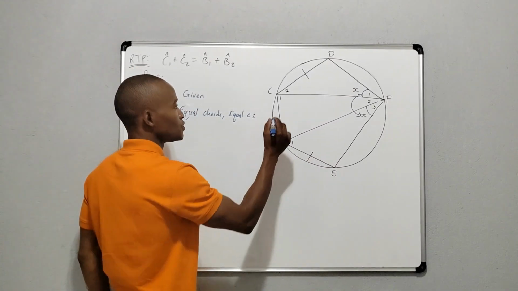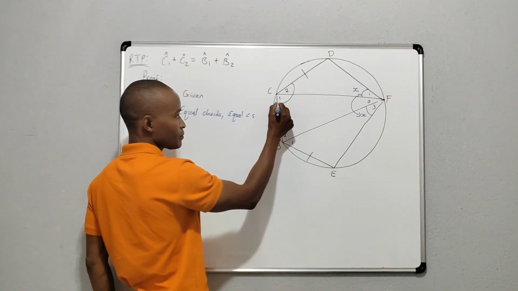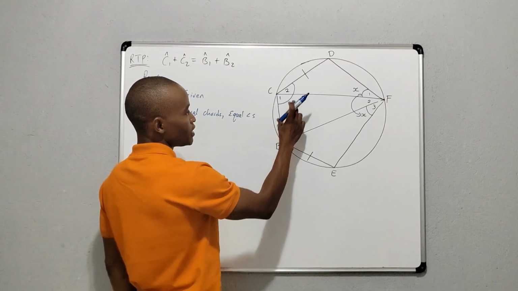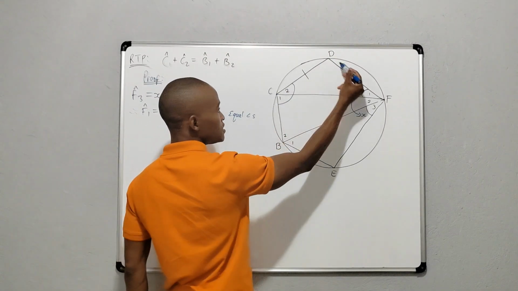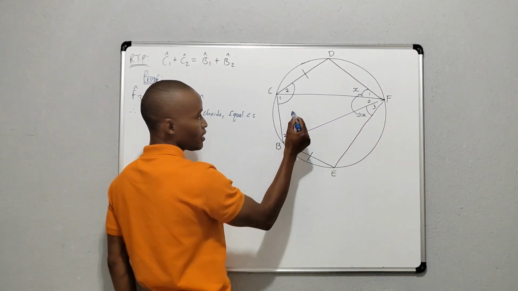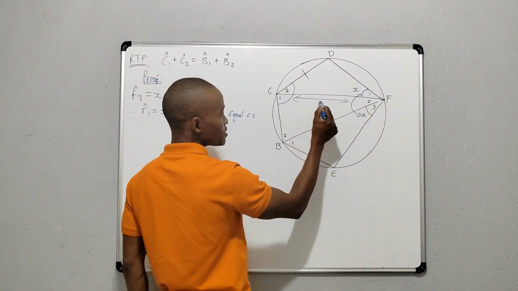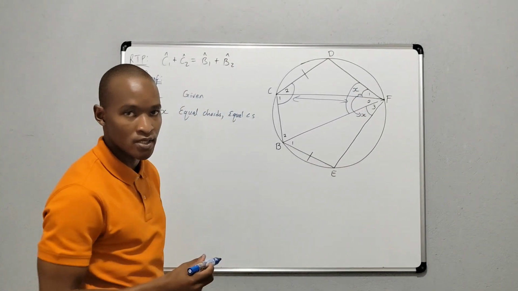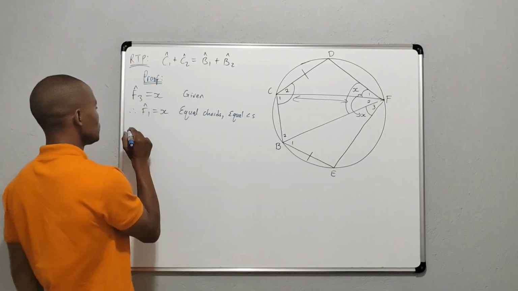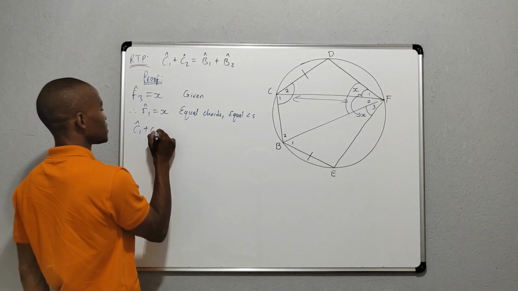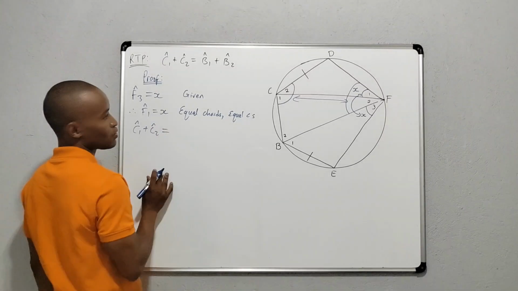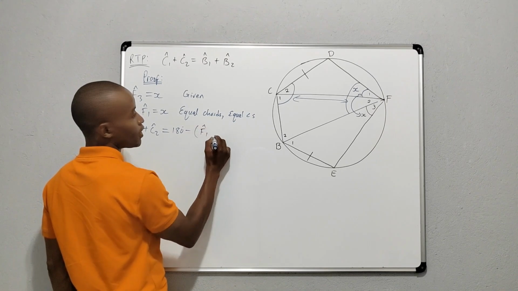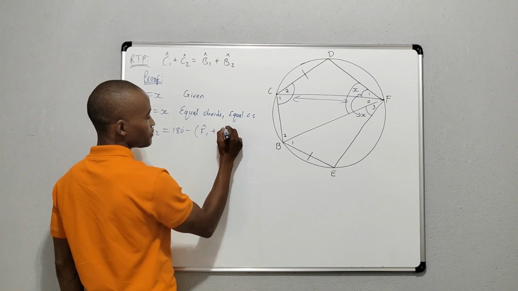Now we want to come here. If you look at the sum of angles C1 and C2, it is an angle in a cyclic quad CDFB, and it is linked to this angle right here. They are supplementary, as we said initially. So we know that angle C1 plus angle C2 is equal to 180 degrees minus the sum of F1 plus F2.